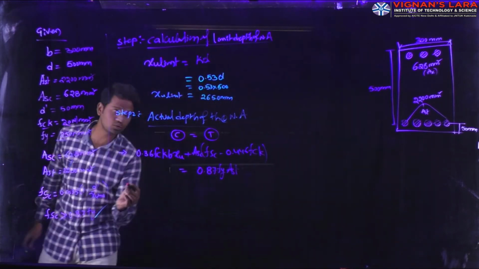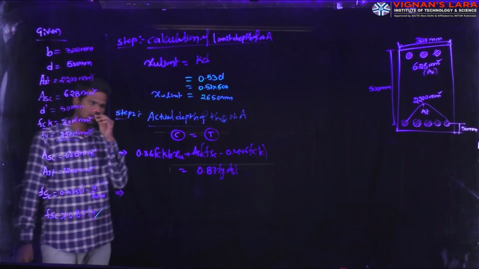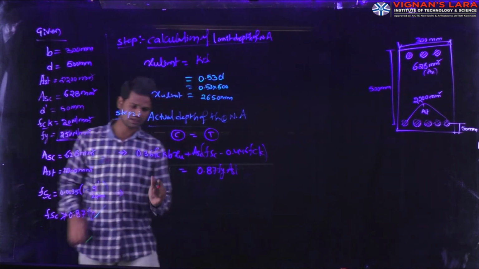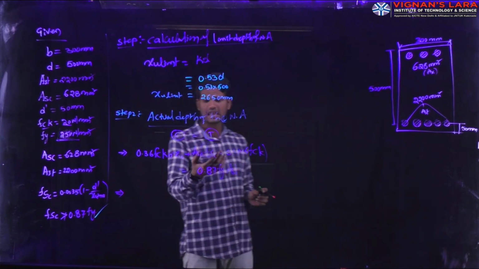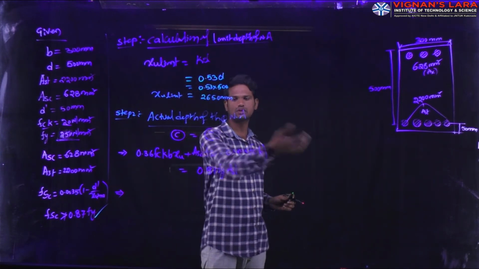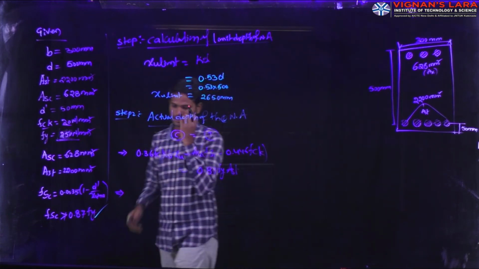Now I will substitute all the parameters and then calculate the actual depth of the neutral axis. What I am doing is simply taking ASC into FSC minus 0.446 FCK to the other side, and then dividing by 0.36 into FCK.